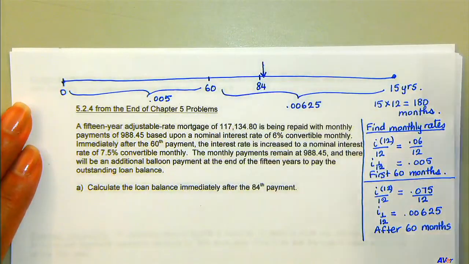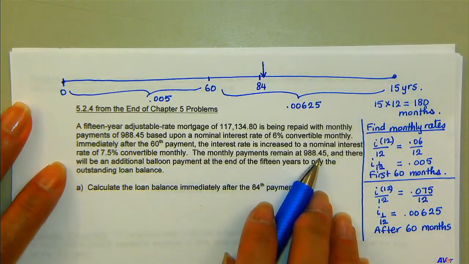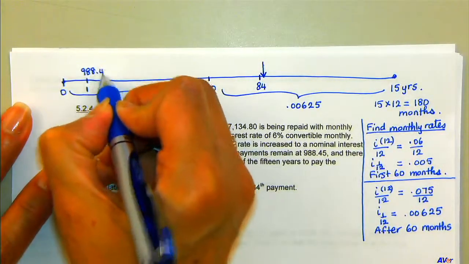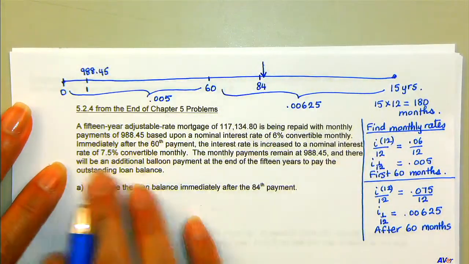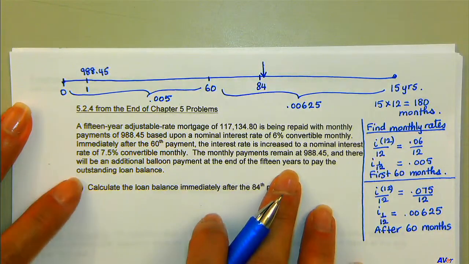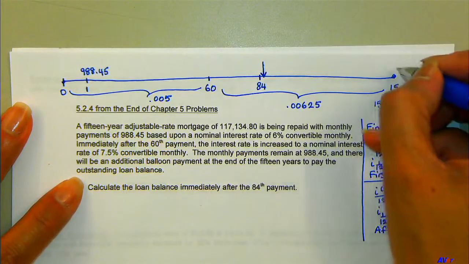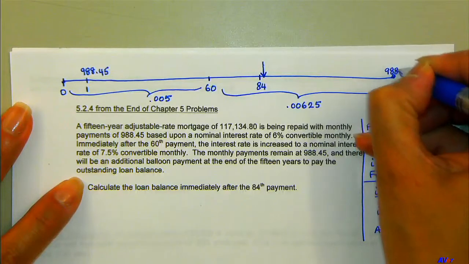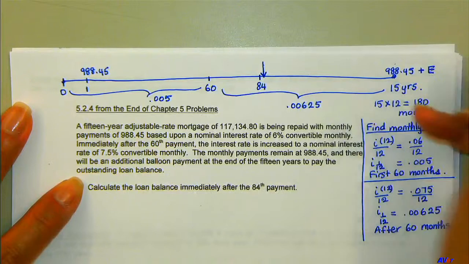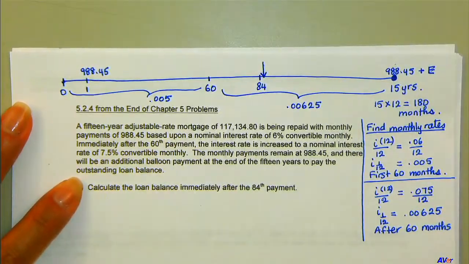They're also telling me that the monthly payments remain at $988.45, and there will be an additional balloon payment at the end of the 15 years to pay the outstanding loan balance. So let's call this 988.45 plus E, some extra payment at the last period.